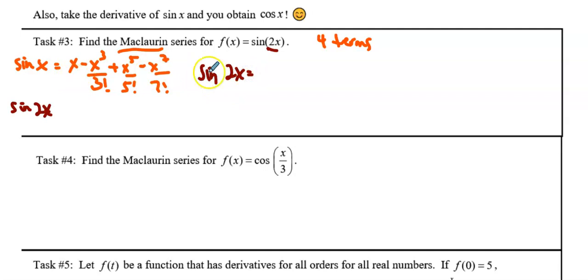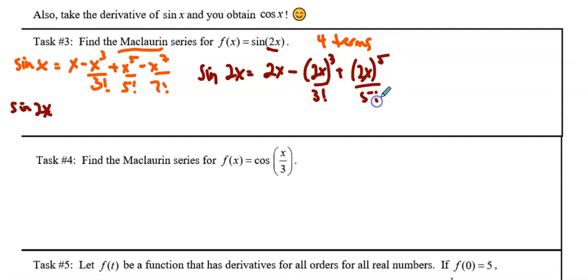The sine of 2x is going to be equal to 2x minus, now be careful, 2x quantity cubed over 3 factorial, plus 2x to the 5th over 5 factorial, and then minus 2x to the 7th over 7 factorial. We want to make sure that we remember that all we're doing is substituting in. And this works for any function that you have, we're going to replace it.